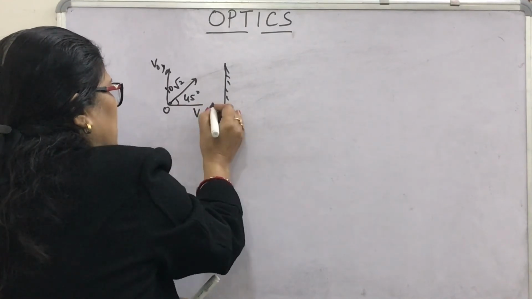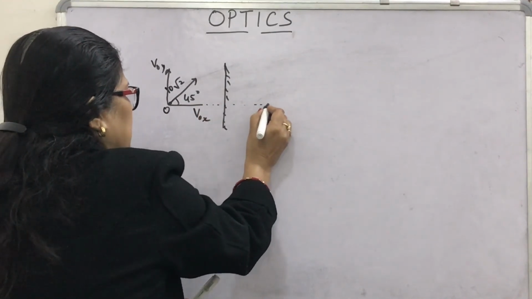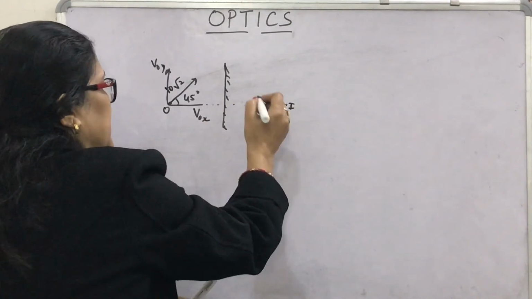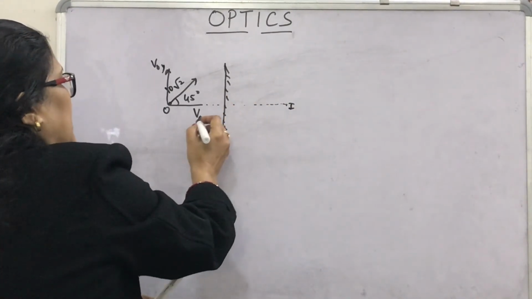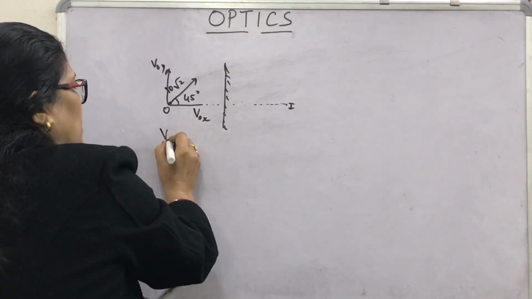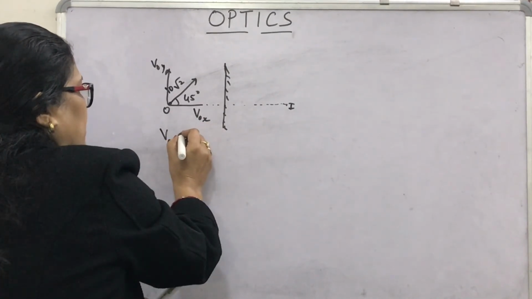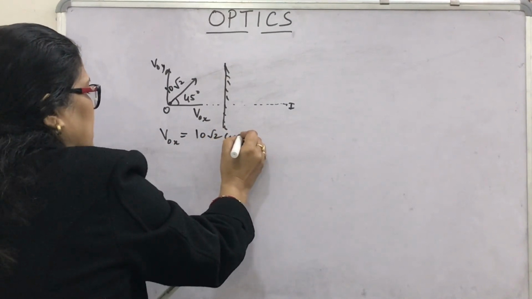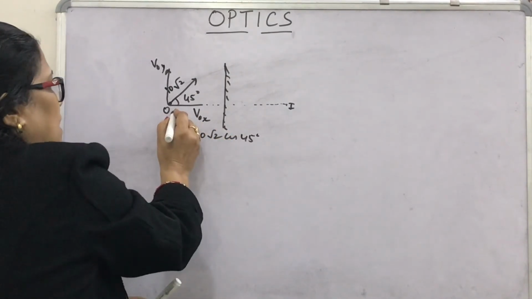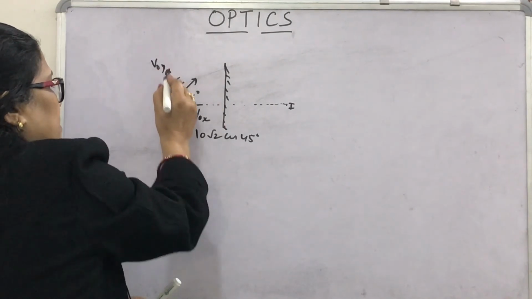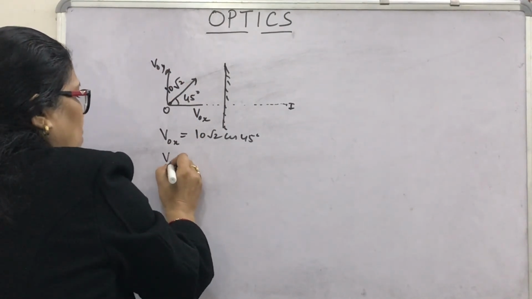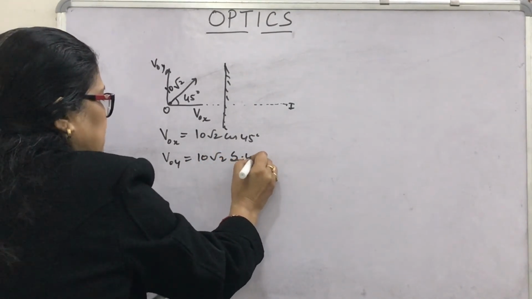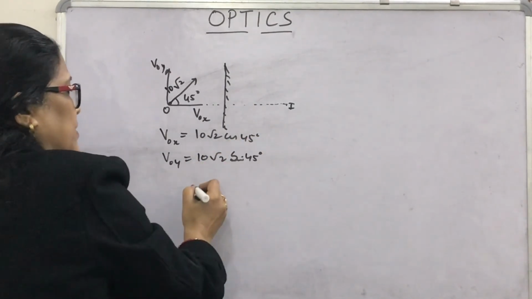You know this is the object, then at the same distance you have to show the image position. And how will you find the image? Look here, this VOX, that is the perpendicular component, will be 10 root 2 cos 45, will it be or not? And this will be sin 45. So VOY and VOX both will be the same, because cos 45 and sin 45 both are 1 by root 2.